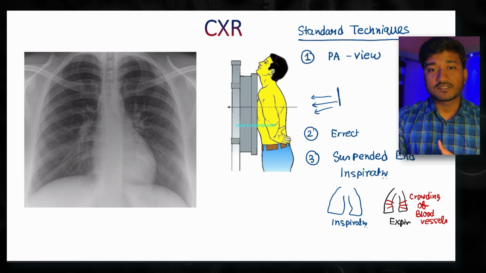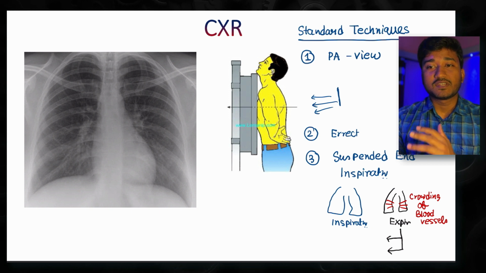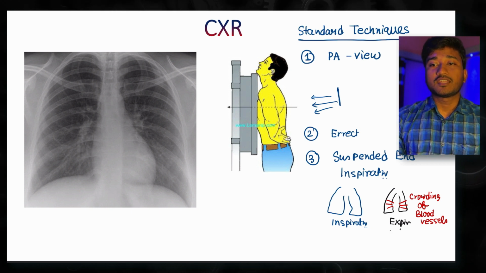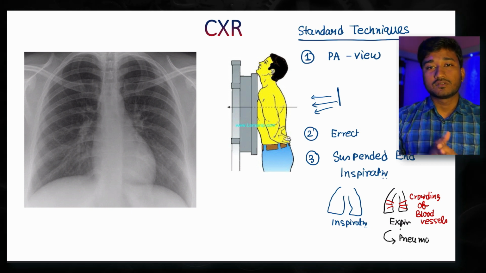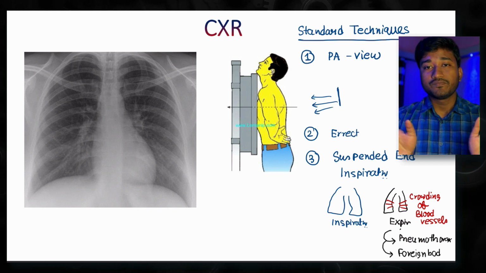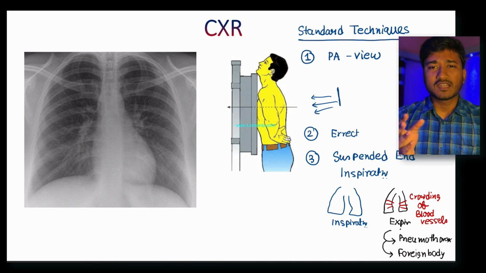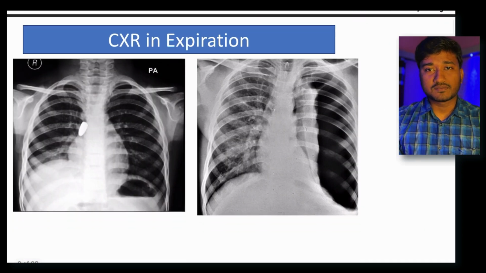There are a few cases, a few exceptions where we do X-ray in expiration. Okay, in expiration there will be crowding of the blood vessels. Because in inspiration, as there is more amount of air, there is no crowding, but in expiration there is crowding. It is done usually in a few conditions, but two conditions are important: pneumothorax and foreign body aspiration.